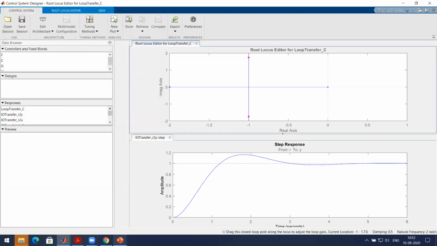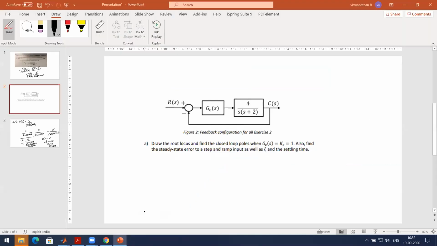Can you get this by hand calculations? Can you try doing this by hand calculation? The same thing. So how do you proceed? Someone?